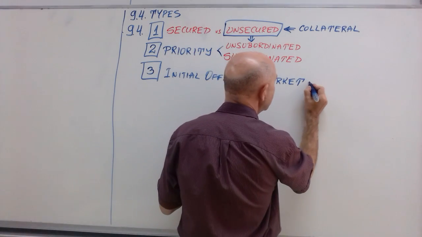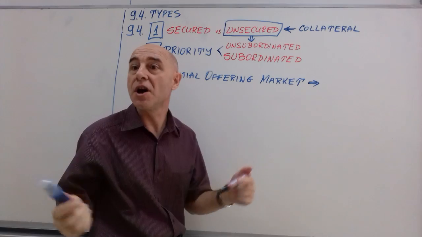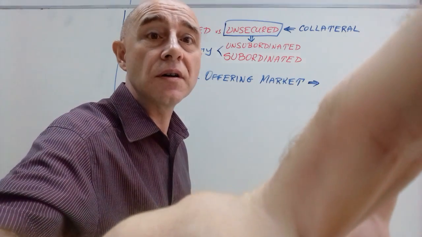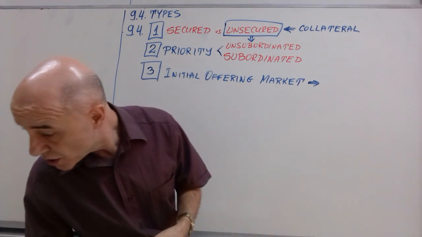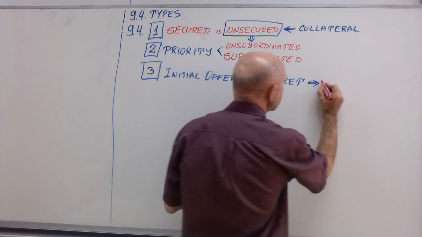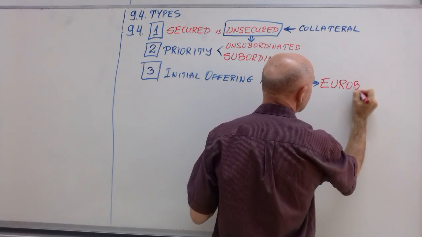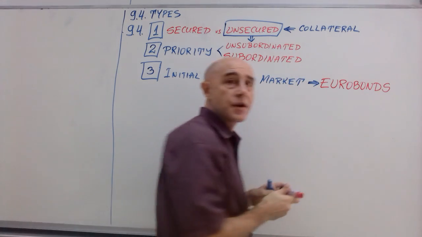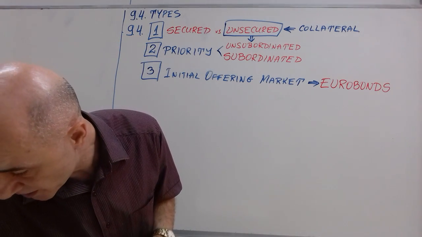And for example, there is a special type. It's commonly used. You'll hear it a lot on TV and read in newspaper. Is called Eurobonds. Eurobonds. Okay, these are bonds sold in a foreign country.